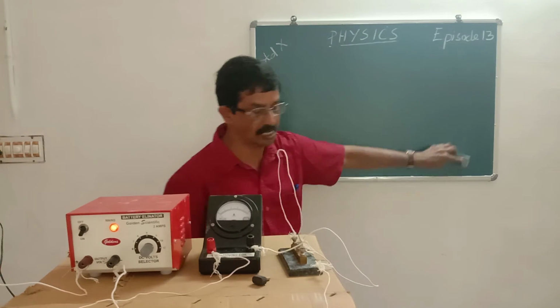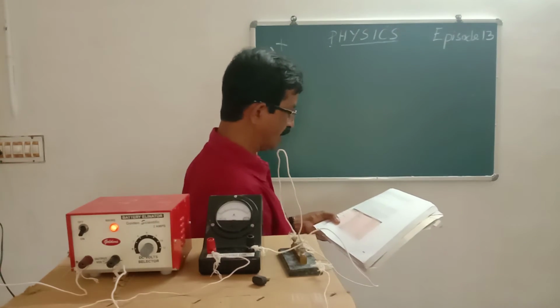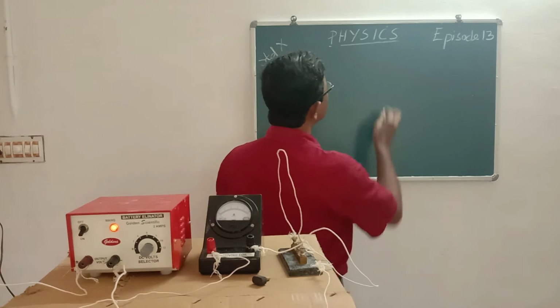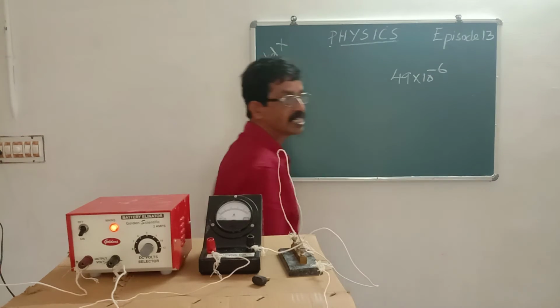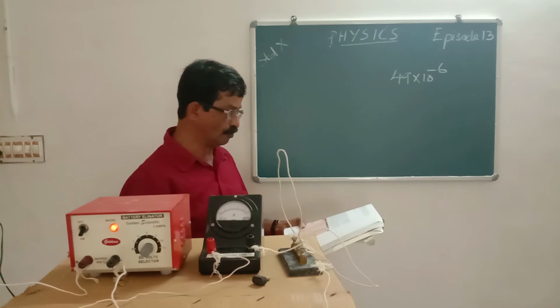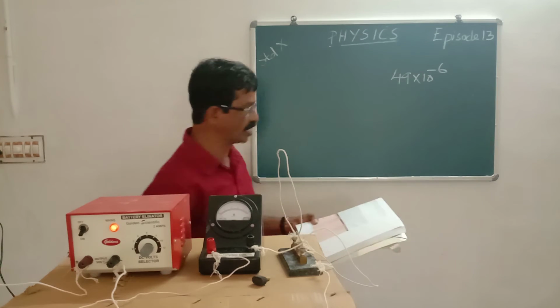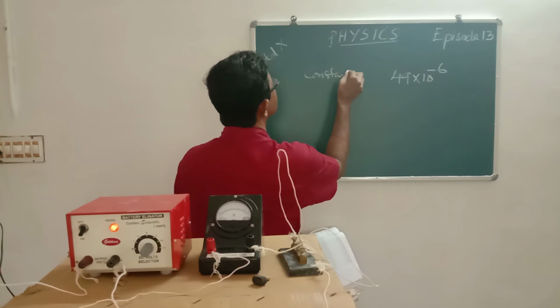Now let us observe resistivity of some alloys. Constantan: its resistivity is 49 into 10 raised to minus 6.